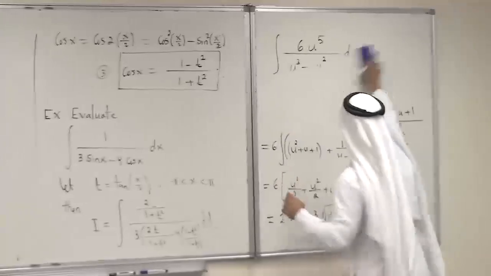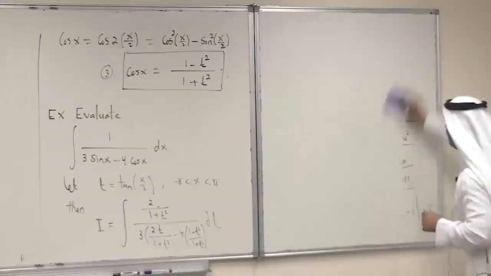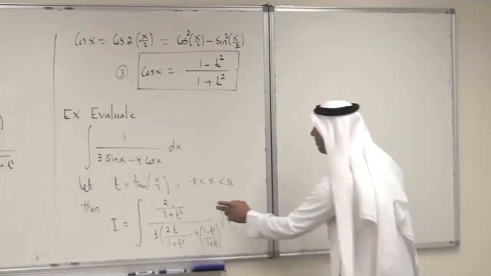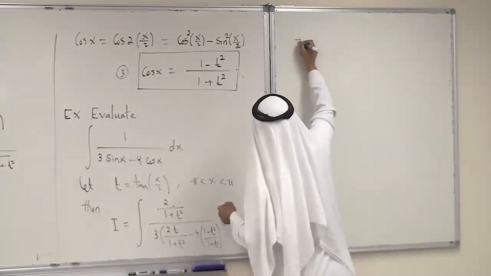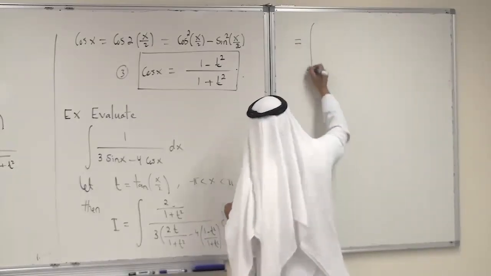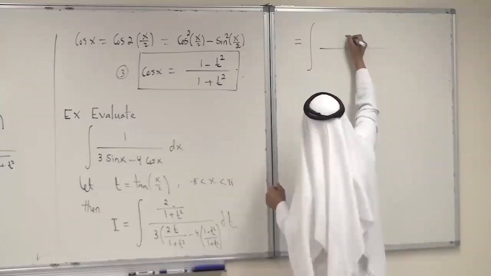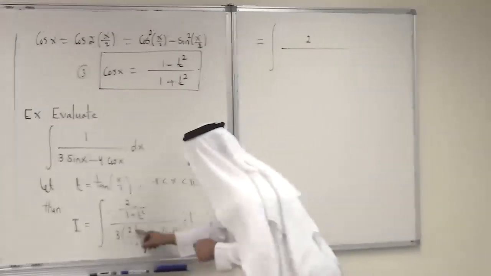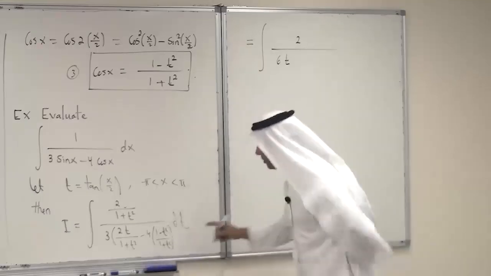Now, if we simplify, what will happen? Let us make space here so that we can write. I will multiply by 1 plus t squared up and down. So this is exactly what I will get. If you multiply upstairs, you have 2 only, right? If you multiply downstairs, you have here 3 times 2t, that is 6t, and then this will be cancelled out.